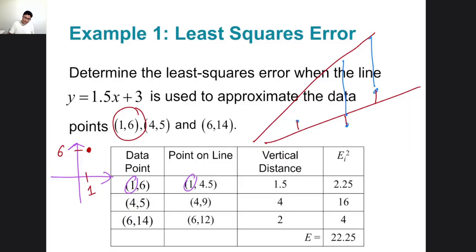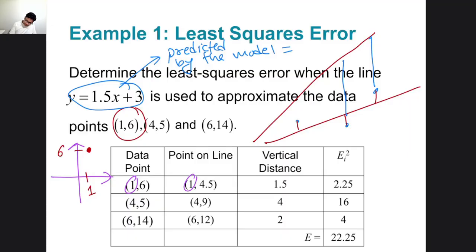But what does the line, the model predict? Predicted by the model, the value is 1.5 times 1 plus 3. It's 1.5x plus 3 and x is 1. So that is 1.5 plus 3, 4.5. So the value predicted by the model is 4.5.